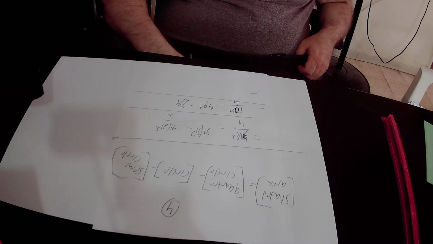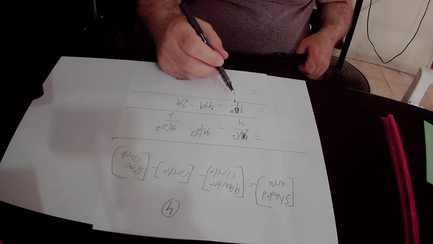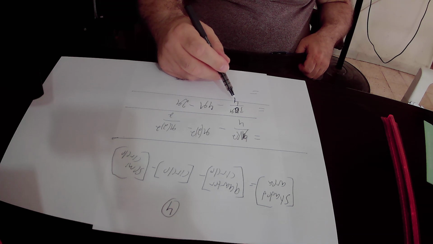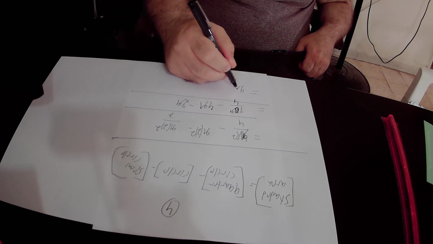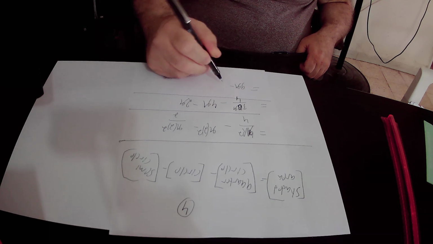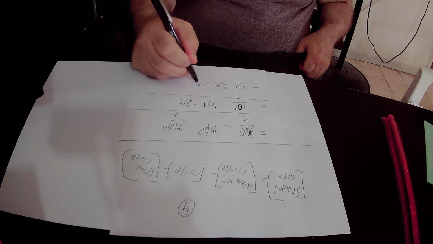And here we have 36 over 4 is 9, so in total this expression equals 9 pi, that is actually the area of the quarter circle, minus 4 pi minus 2 pi.